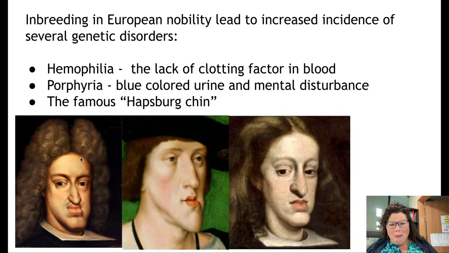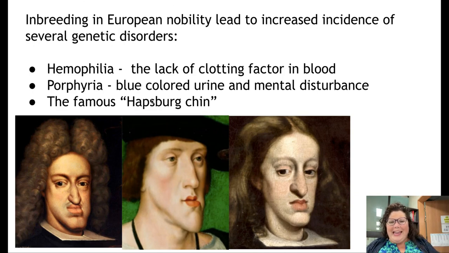Another example, you've probably seen these paintings before, and you're like, gosh, why do the artists paint it like this? Well, it's actually because this was a genetic disorder that happened quite often in European nobility, because they all wanted to marry their cousins and other European nobles who were all related in this big family.